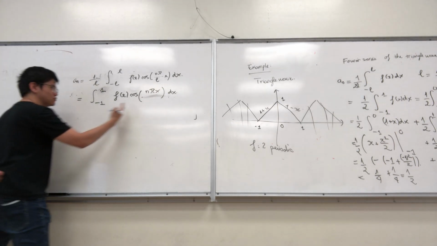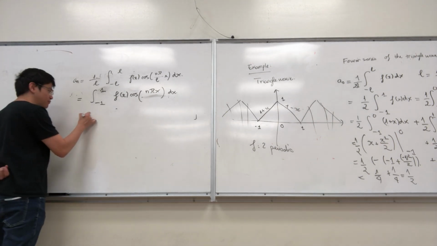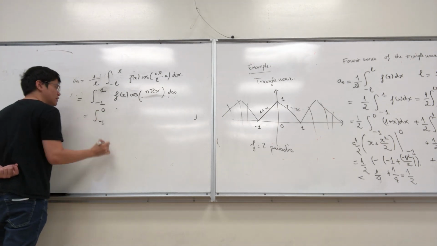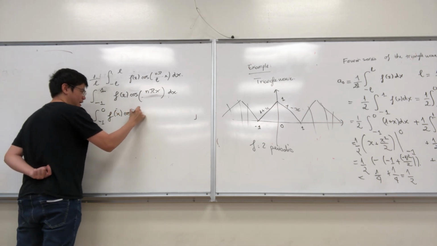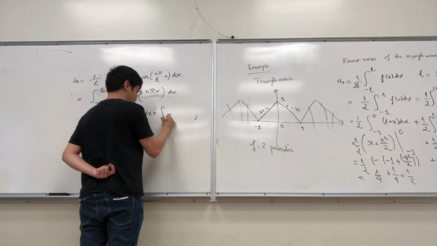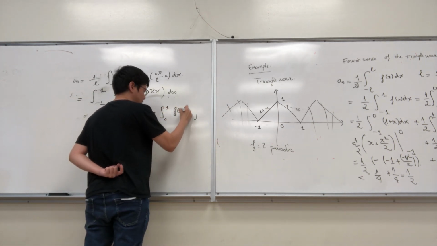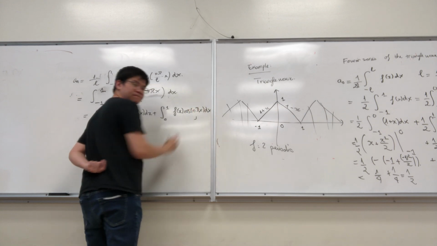So you're going to have to split this integral into 2 integrals, right? The first one is from minus 1 to 0. So you have f(x) cosinus of n pi x dx. And the second one will be from 0 to 1 of f(x) cosinus of n pi x dx. All right?